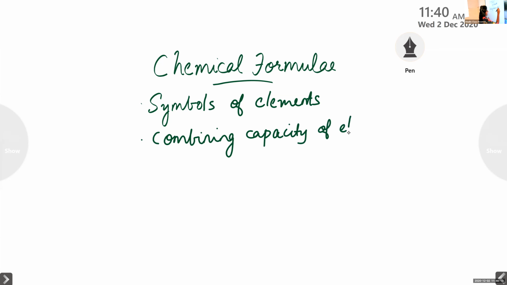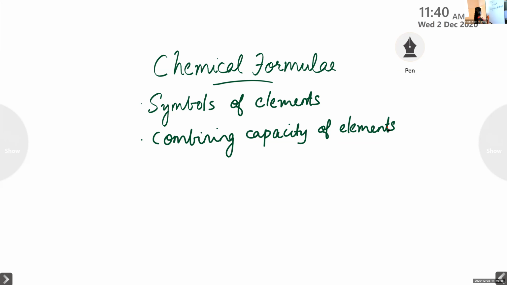It means how an element can accommodate or join with another element or another atom. So based on the symbols and the combining capacity of elements, we can write a chemical formula. Then look at this example.